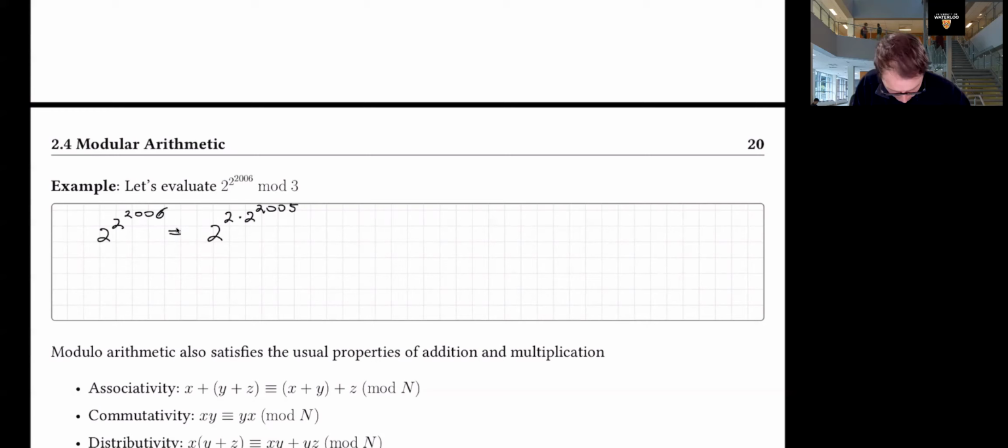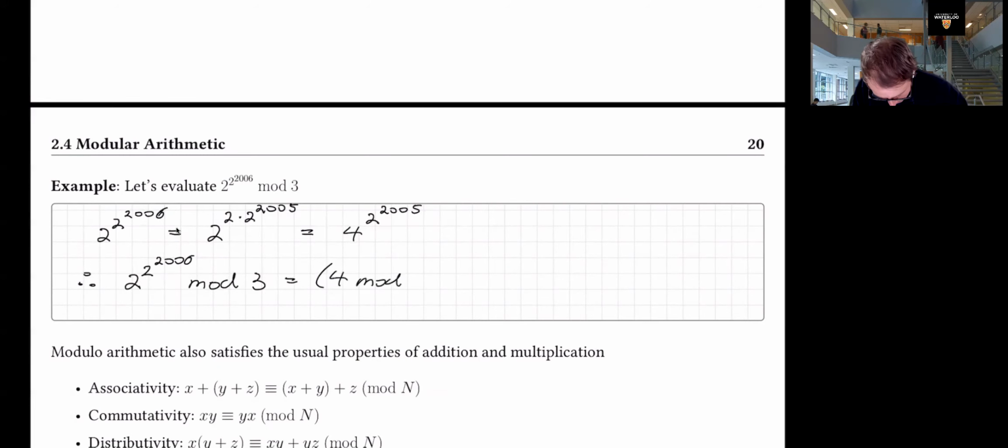And this is equal to 4 to the power of 2 to the power of 2005. And so I get then that 2 to the power of all of that mod 3 is equal to 4 mod 3 all to the power of 2 to the power of 2005.